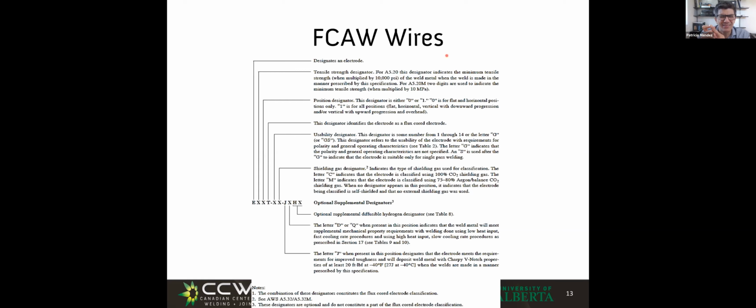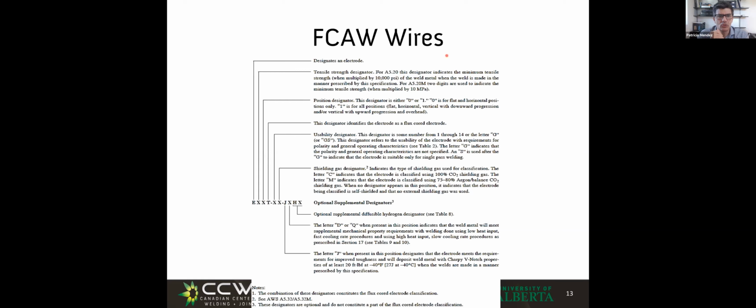I don't know who came up with these standards, but they're not super consistent with each other, right? So if I tell you an E70 wire, strength 70 KSI. If I tell you it's E71T wire, strength 70 KSI. Not 71, but the 0 is good for flat and horizontal only, and the 1 is good for all position.